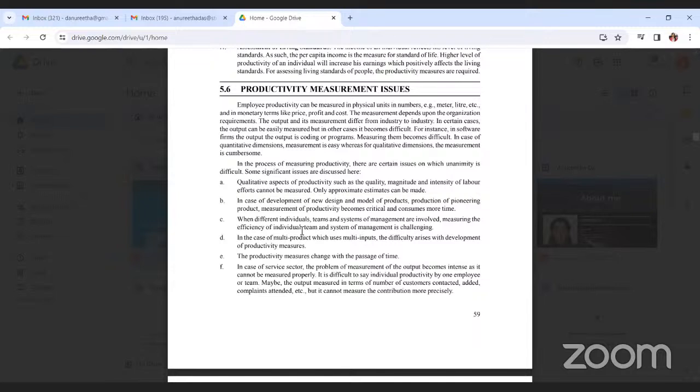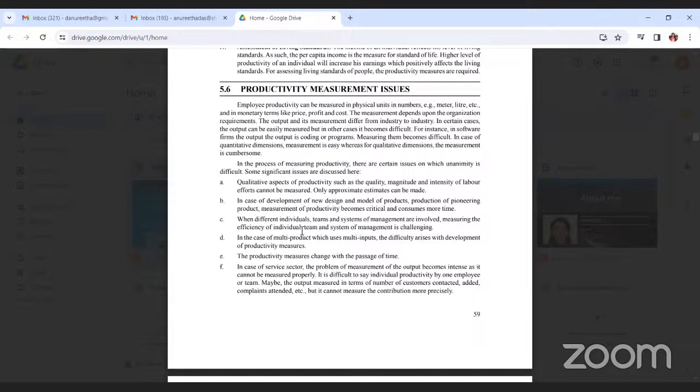For instance, in software firms, the output is the coding of programs. Now, measuring this becomes difficult. In the case of quantitative dimensions, measurement is easy, whereas for qualitative dimensions, the measurement is cumbersome. Now, in the process of measuring productivity, there are certain issues on which unanimity is difficult.